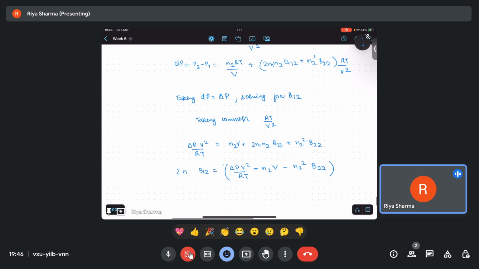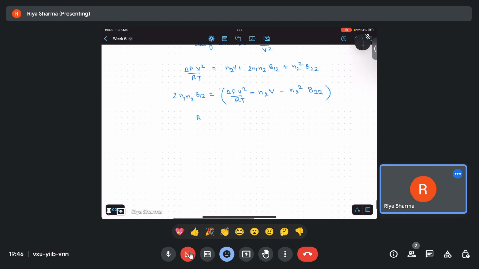So n1 n2, which implies B12 will be equal to 1 by 2 n1 n2 times del P V square by RT minus n2 V, B22.